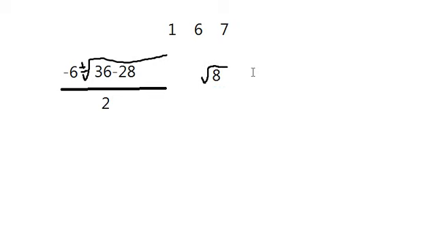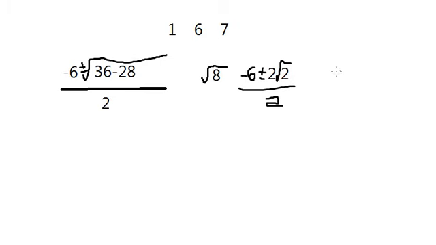So root 8 is also, well, 2 root 2, I think. I use a lot of I think because I actually didn't look at the answer key while I'm doing this, so I hope I'm right. And we know it's 2 root 2, and this is negative 6, 6 plus or minus over 2, and we know that we can cancel out things if they occur in both locations, or if we factorize this.